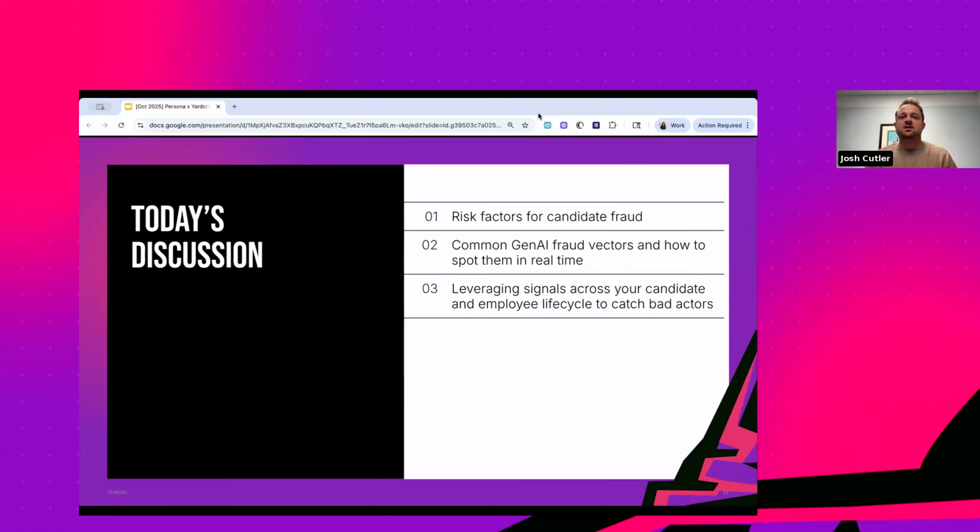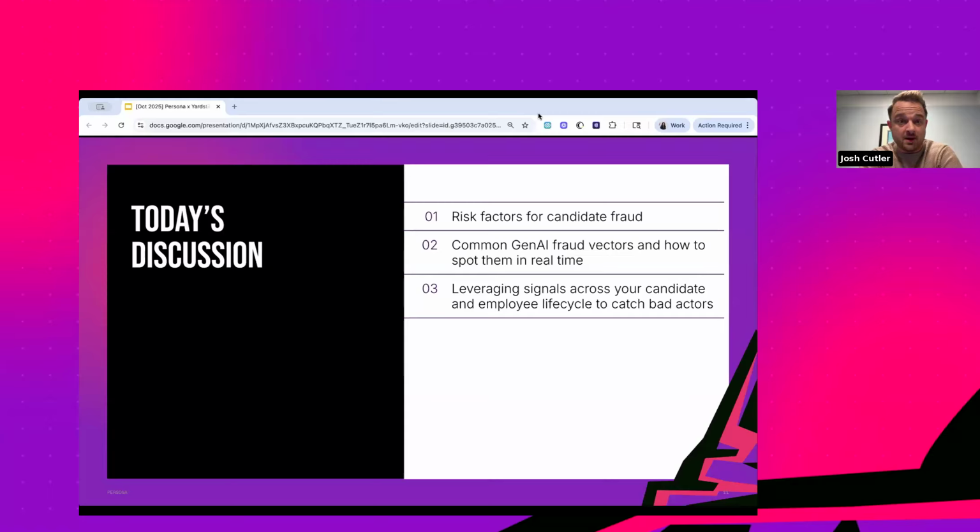Well, it's to start thinking about other touch points you have with the candidate, right? Any given step in your defense can be breached. But the goal is that not all of them are breached, because the bad actor actually has to breach all of your defenses. And so that's why when we look at fraudulent actors in hiring funnels, it's a combination of: do your documents match your face?